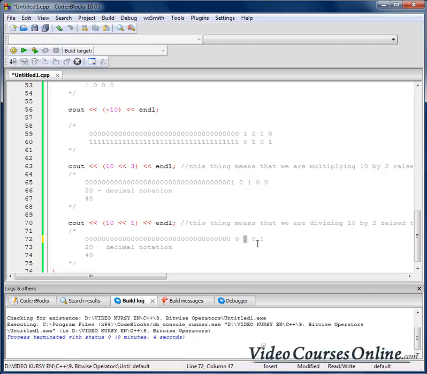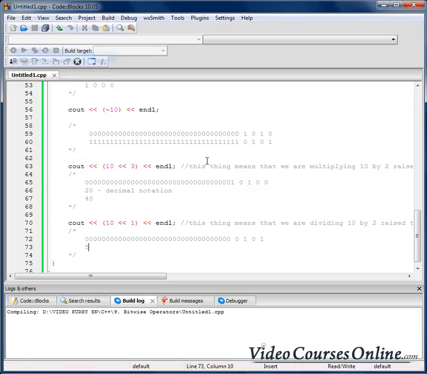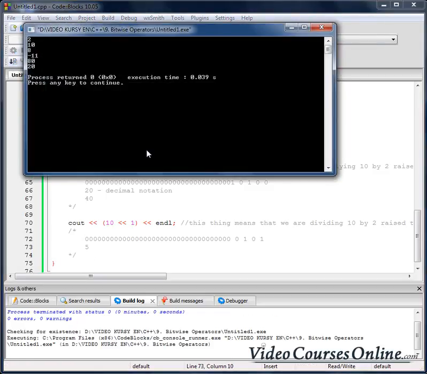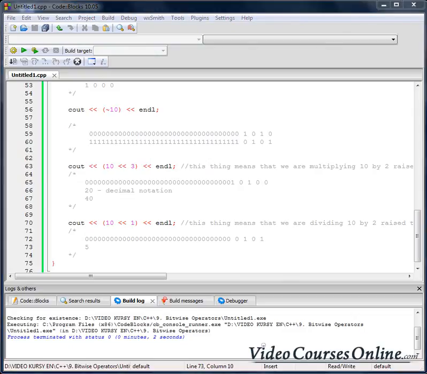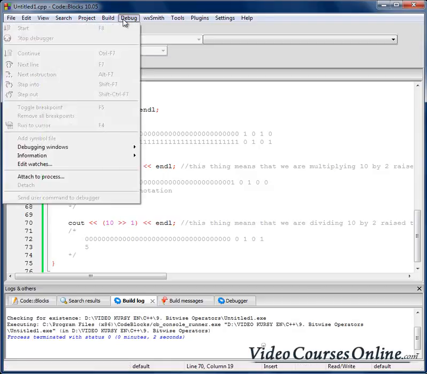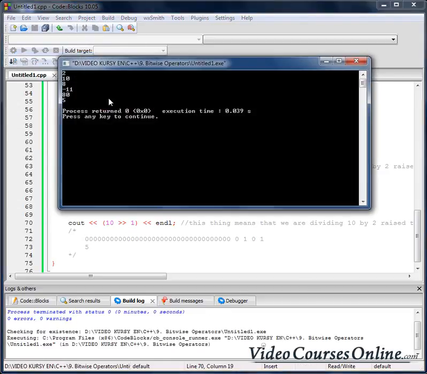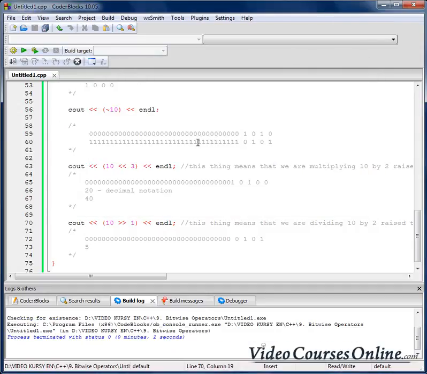So it will be 1 plus 4, 5, right? Let's check it out. Sorry, of course, we should change that to the right shift. And now it works fine. Okay, it's 5, everything is okay.